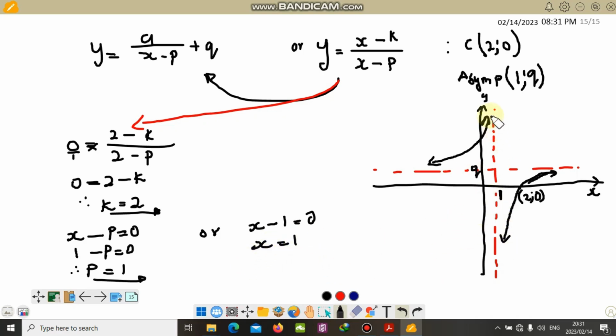And this line, the asymptote, is p. So x equals to p equals to 1. Same thing. So I'm just proving. So this is the formula there. So now we have p, we have k. You can write the formula now, this formula with the values p and k substituted.